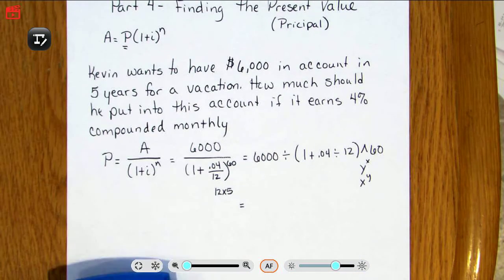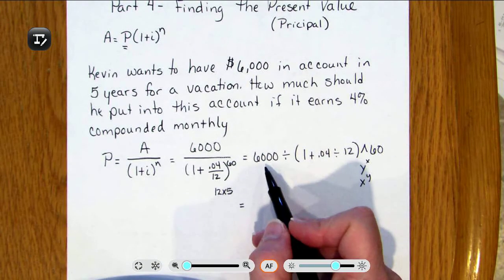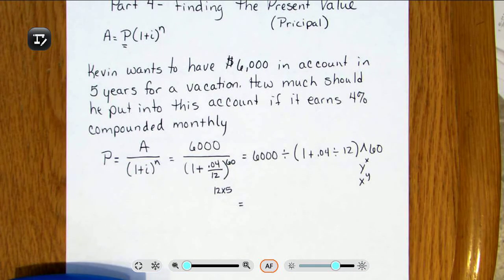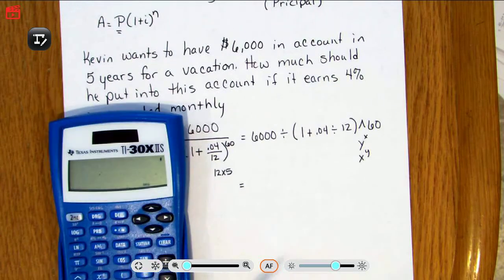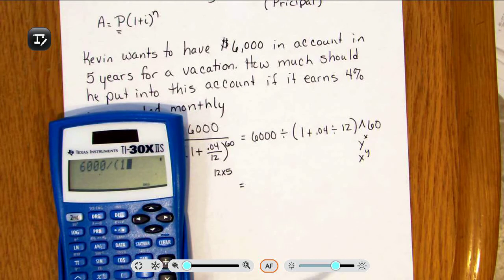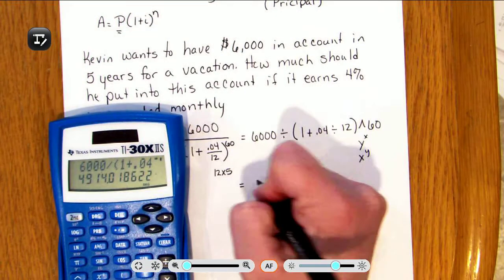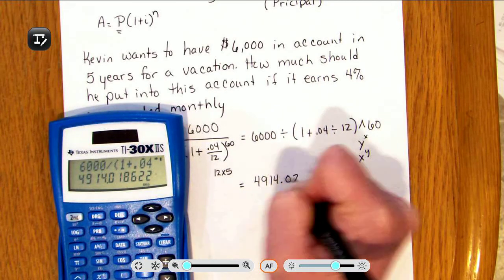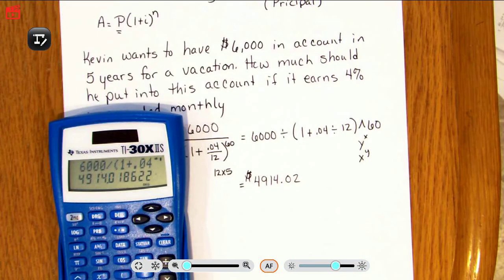Something to remember is our answer better be less than 6,000 because we're going to be gaining some money. So here we go. Our 6,000 divided by parenthesis 1 plus 0.04 divided by 12. Close that parenthesis, raise it to the 60th power, hit my equal button. 4914.02. And again, we round to the nearest penny because we are talking about money.